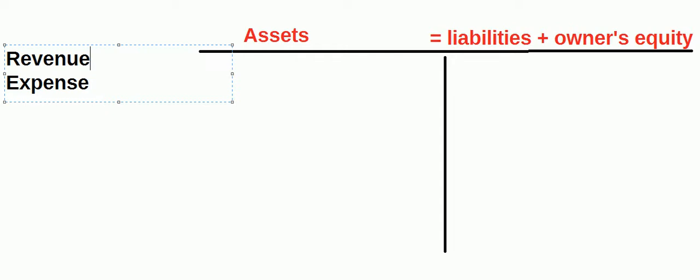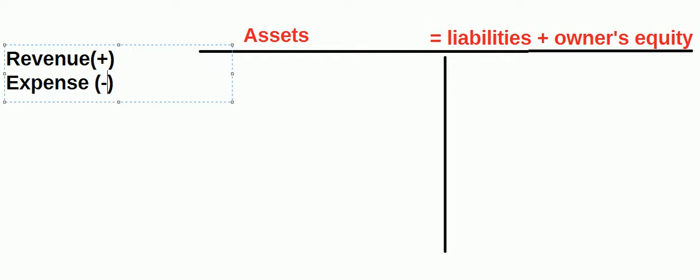So revenue, let's remember, revenue is when owner's equity increases. Expense is the contrary. When owner's equity decreases, we call them expenses. Okay? So let's look at the first transaction, first example.